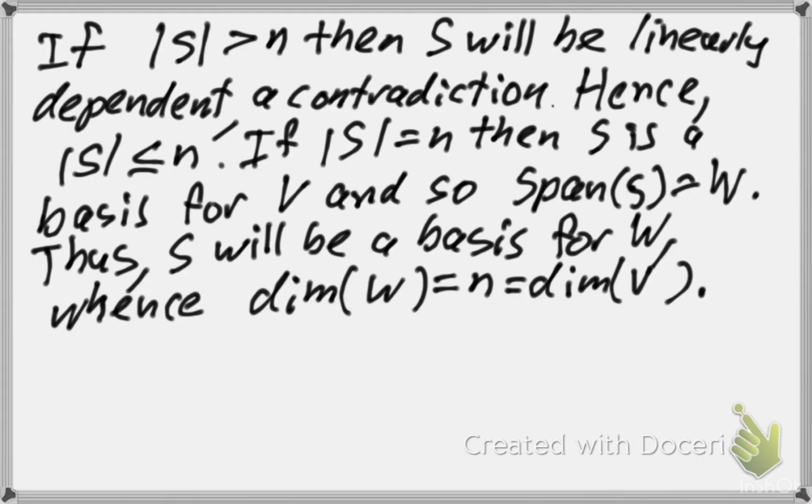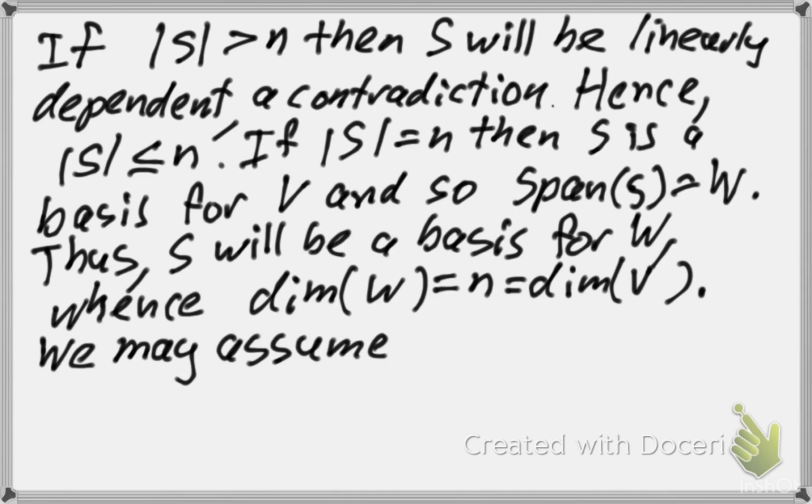All right, so we may assume that the size of S is strictly less than n. And remember that S is linearly independent. So now I just want to check that S is a basis for W. How do I check that? It's already linearly independent.